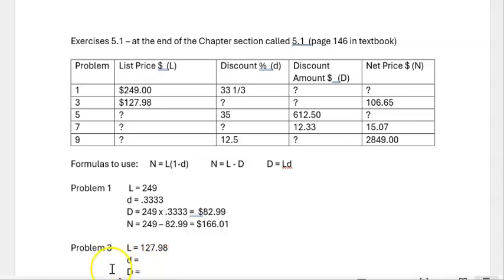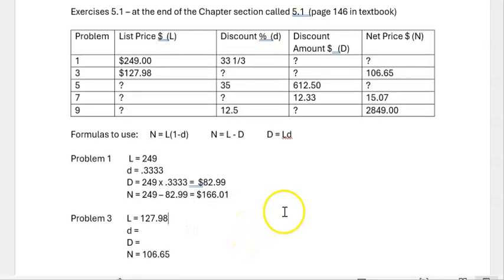We've got our list price of $249 minus our discount amount of $82.99, which gives us our net price of $166.01. And you may have it rounded to $83, so therefore it would be $166 and no pennies.